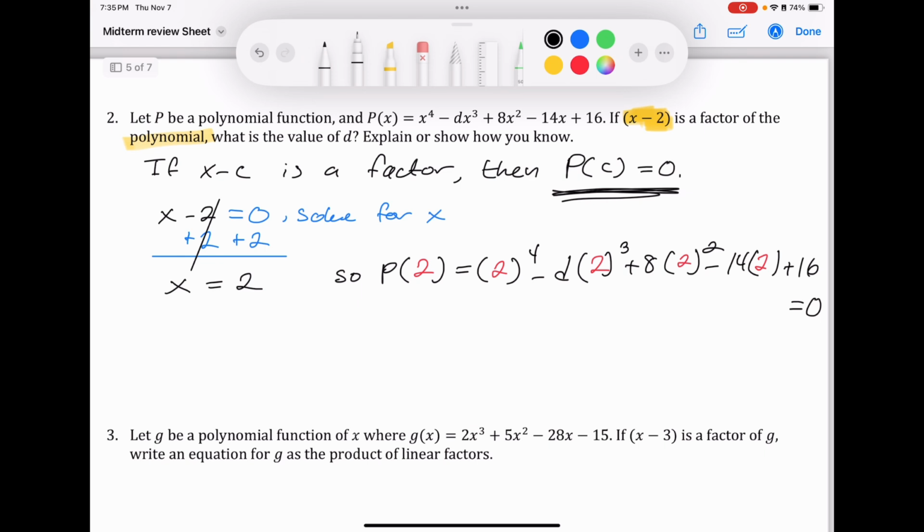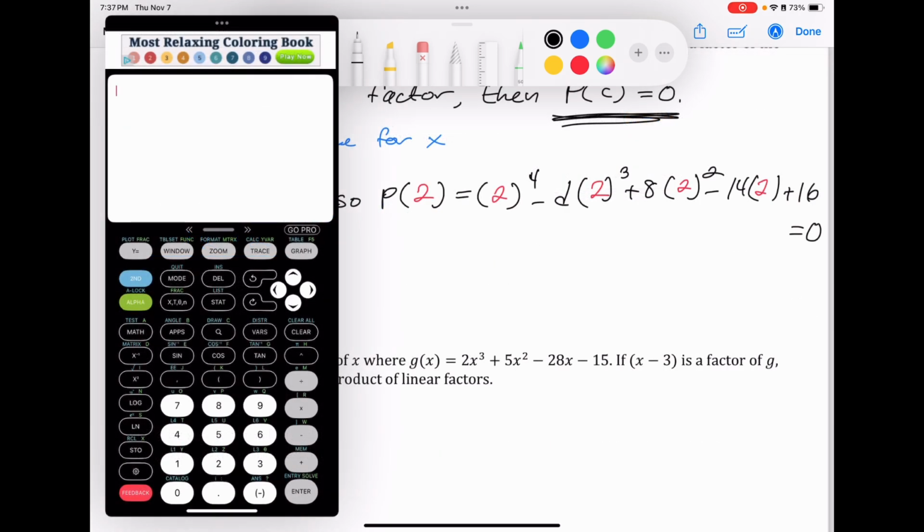And then after that, we can evaluate the following. We can first do 2 to the fourth. That's 16. Minus, so we have 2 to the third, which is 8. So that's minus 8d.